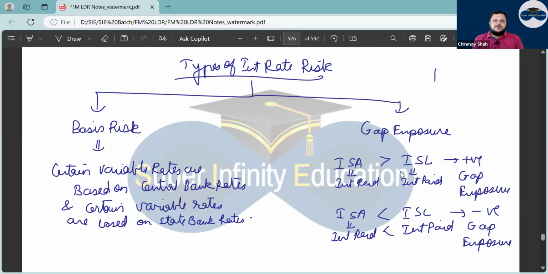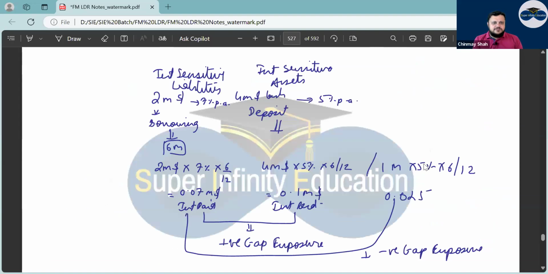When assets are more, that means you are going to receive more interest and pay less interest at every interest payment date, so there is a positive gap exposure. When interest sensitive assets are less and interest sensitive liabilities are more, in that case higher interest is paid, right? There is a negative gap exposure, correct? That is how things work out.